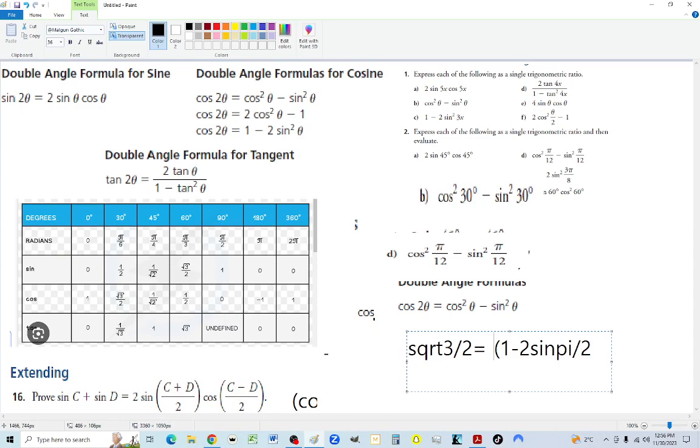You can now subtract 1 on both sides. Now you can divide by -2. This is all over 2. And then I can multiply by half, and I get that. And then this is sine pi over 12. So that means sine pi over 12 is equal to the square root of 3 minus 1 over 4.